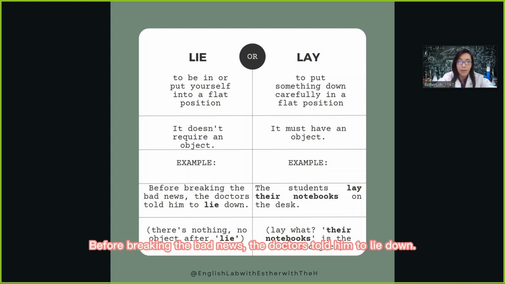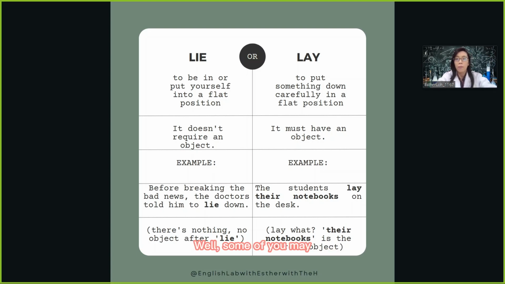Before breaking the bad news, the doctors told him to lie down. The students lay their notebooks on their desk. If you take a look at these two examples, let's see how to find out whether there's an object. Let's look at the example for lie. Lie down.